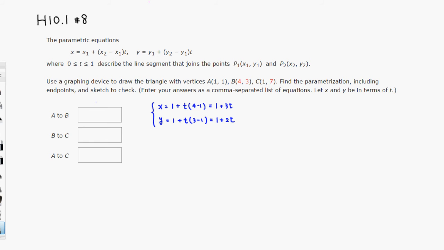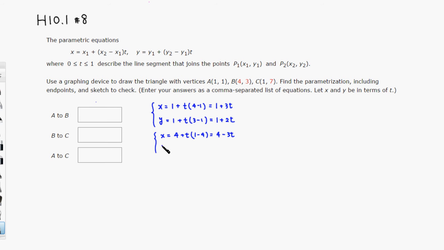Let's do B to C. So x is going to be, starting from B, 4 plus t times, B to C, 1 minus 4. So that's going to be 4 minus 3t.